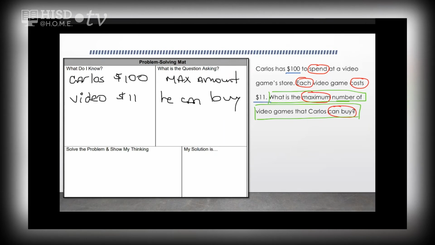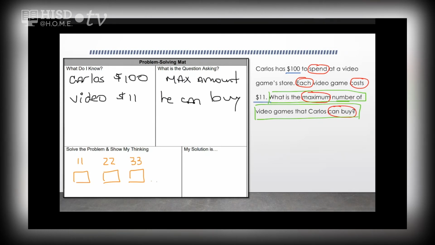So what I'm going to do is try to draw. Let's say that this is the video game, and this costs me $11. Only one video game. If I have two video games, then 11 plus 11 will be 22. And then if I have three video games, 11 plus 22 will be 33.